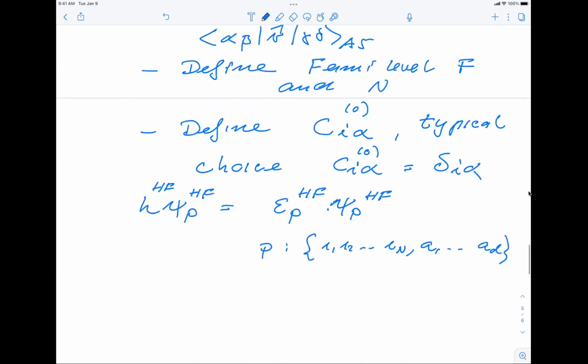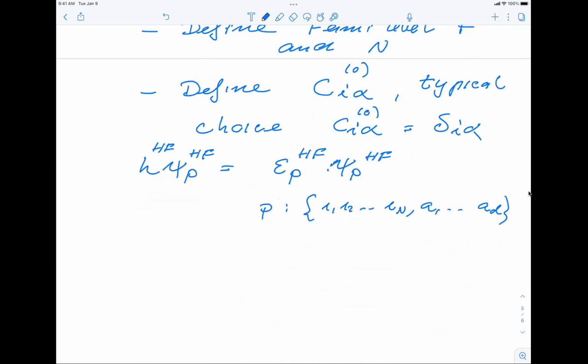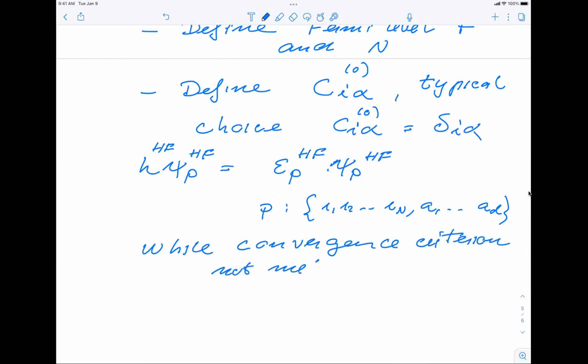So when we've done these definitions, then while the convergence criterion is not met, and the simplest way of doing that, the typical convergence criterion, is that you have the epsilon Hartree-Fock, the single particle energies.